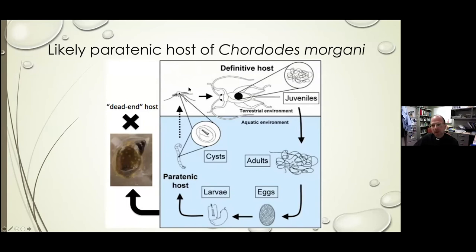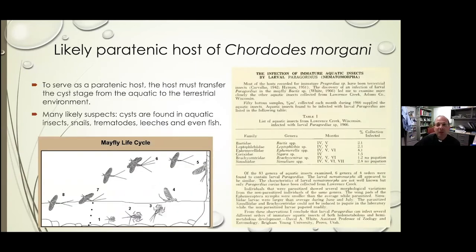So they call it a paratenic host, sometimes a transfer host. And so we want to know what is the likely paratenic host of Cordilleras Morgani? And I say likely because it's really difficult to figure it out.